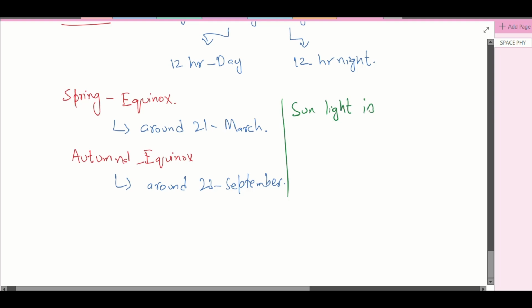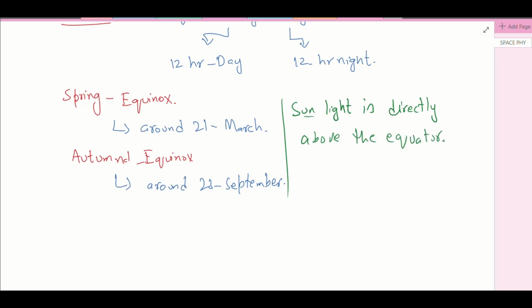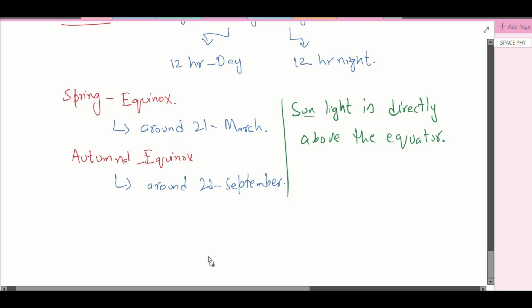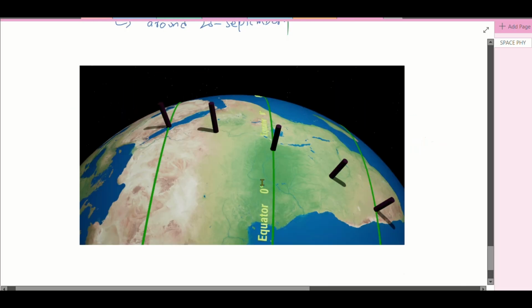On the equinox days, the sunlight is directly above the equator. Here, in the reference image I'm sharing, you can see the equator, which we usually take as 0 degrees, and then the Northern Hemisphere and the Southern Hemisphere on both sides.